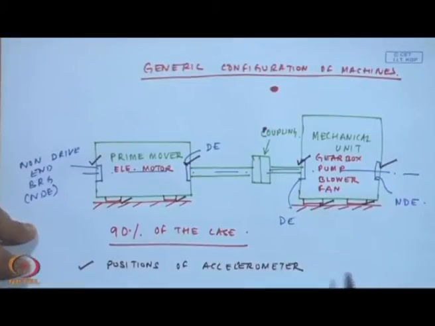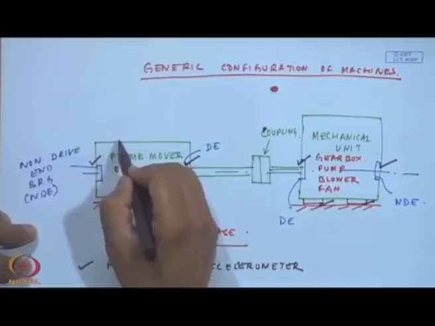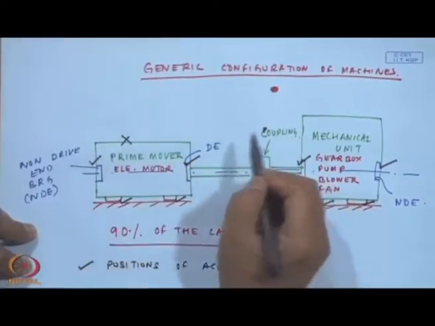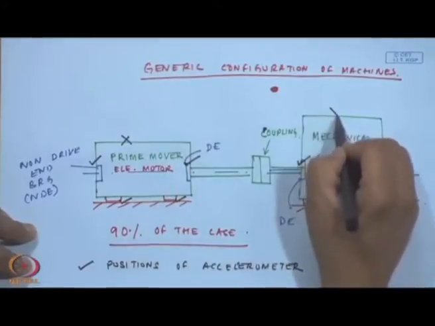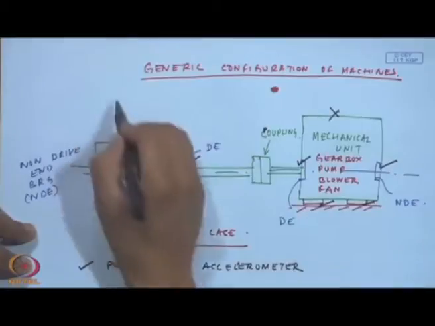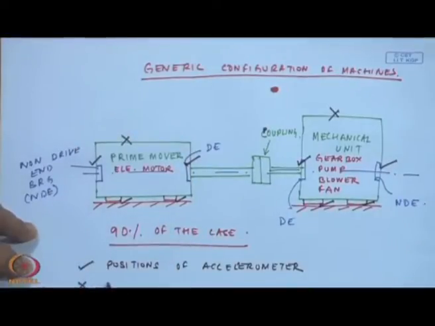We should definitely avoid places like this casing, just to put it here. It is easily accessible, you just put one accelerometer here. These are not the good places. Okay. Not desirable.